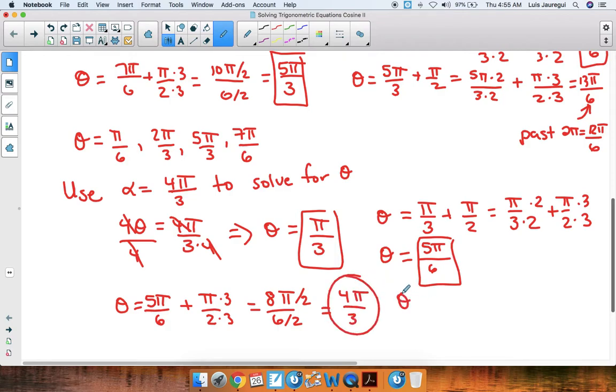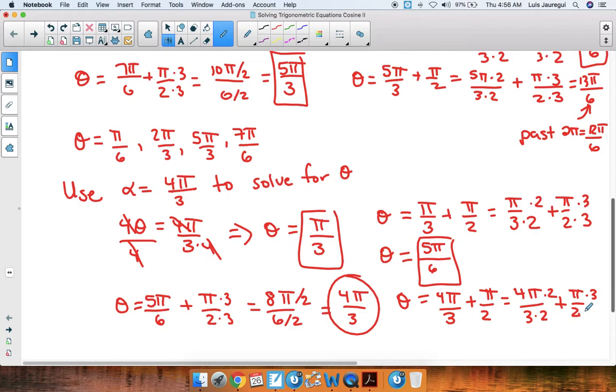In a similar way, we take the next theta to be 4 pi over 3 plus a period of pi over 2. Now, looking for a common denominator, which happens to be 6, we multiply the 4 pi over 3 by 2 over 2, and the pi over 2 by 3 over 3.